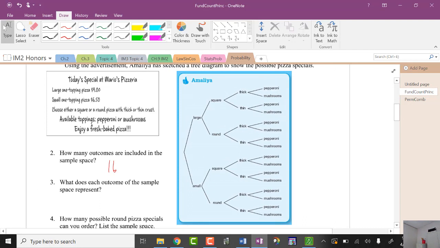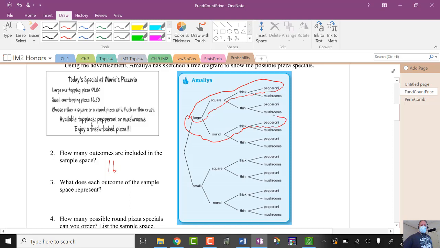But how many different pizzas can you order if you can get a large or a small, square or round, thick or a thin crust, and only one topping, either pepperoni or mushrooms? Well, these tree branches represent all of the possible different pizzas that could be ordered. There's one. There's another.